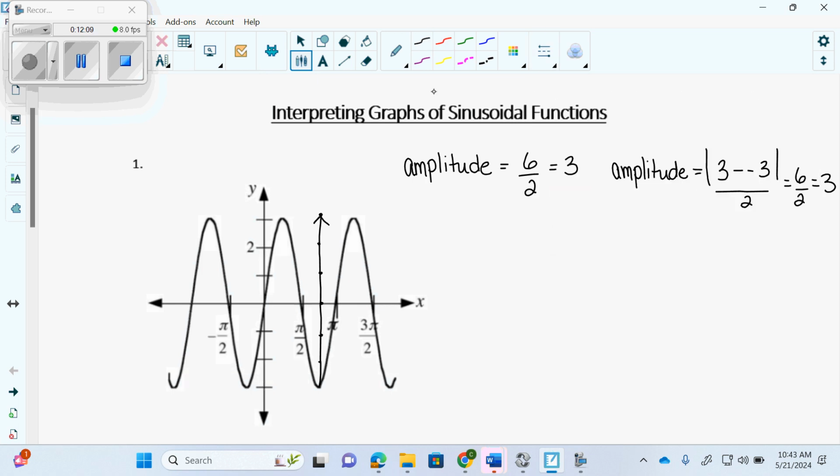So my amplitude is 3. If my amplitude is correct, I should be able to count from maximum down and minimum up, and they should meet at the same spot, correct? So I count 3 down. 1, 2, 3. I count 3 up. 1, 2, 3. And they both meet here. Draw yourself a line here.